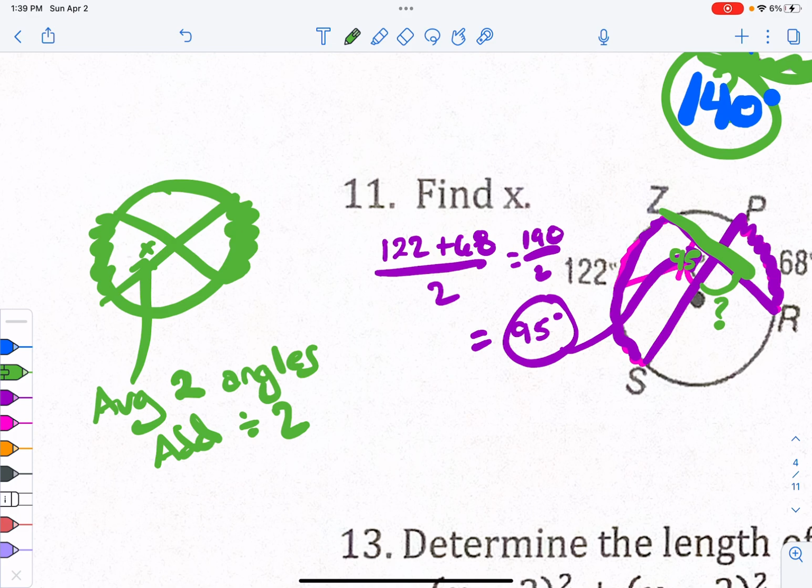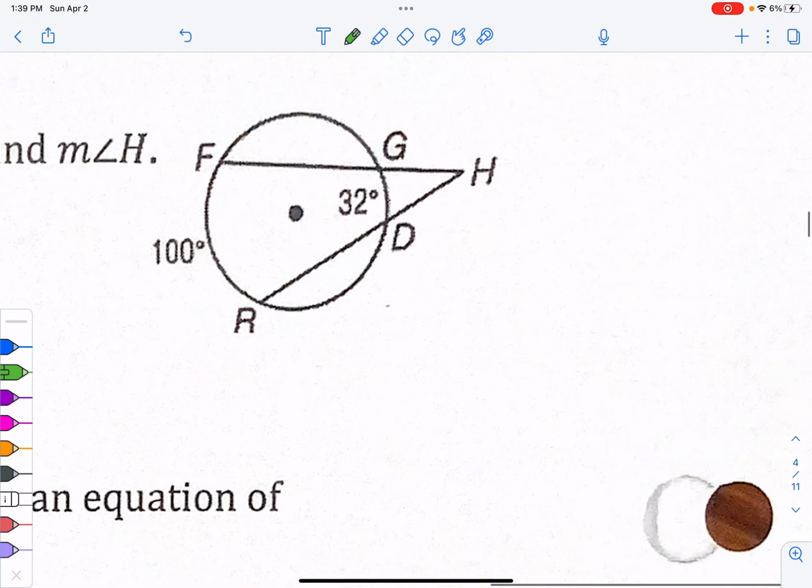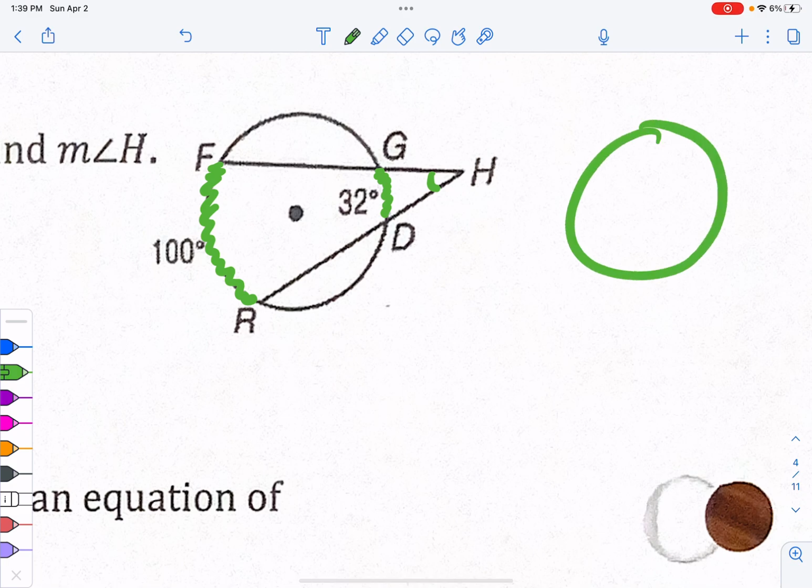Okay. Now number 12 is going to have your angle on the outside. So they're not intersecting on the inside, but on the outside. What I do there is, if my larger arc here is 100 and my smaller one here is 32, I'm going to draw a picture.